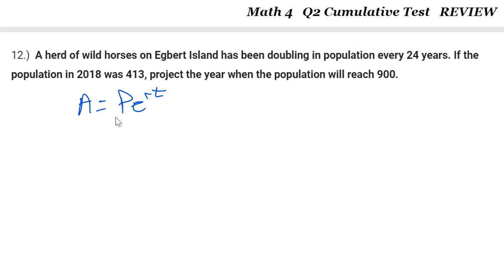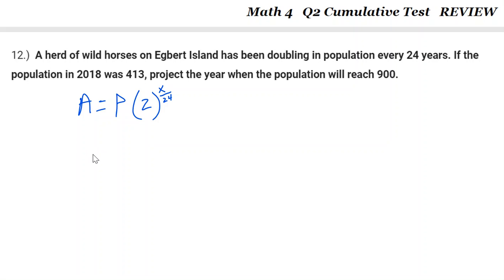We're going to go in a completely different direction because we're going to take the principal and we're going to double it. And the fact that it does it every 24 years, if I were to put a 24 in there where x was, that would be 2 to the first power, which means it would double once. And that's kind of what I want it to do.